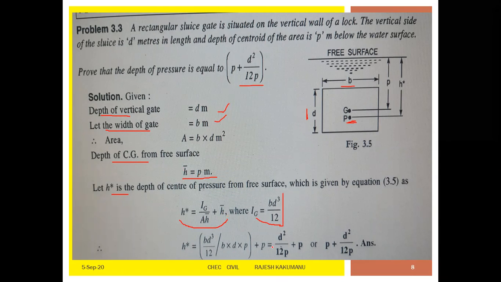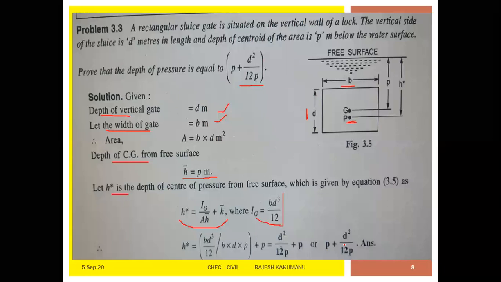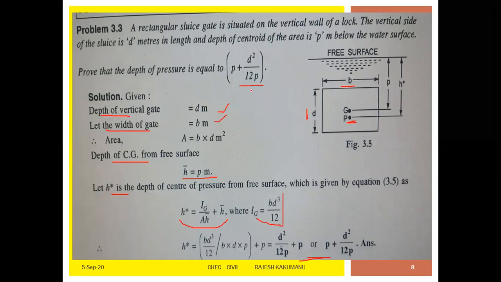That is equal to, on cross multiplying, d square by 12p plus p, or p plus d square by 12p. So we got the proof, and whatever proof we got matches with the question.